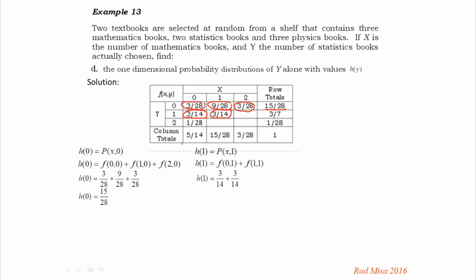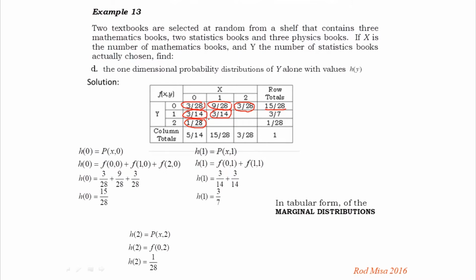Adding these two fractions, we have 6 over 14, which in reduced form is 3 over 7. But we can solve for our h of 2. And h of 2 happens when your random variable y has a value of 2. This happens in only one case here, because when your y is 2 and your x is 0, the probability is 1 over 28.